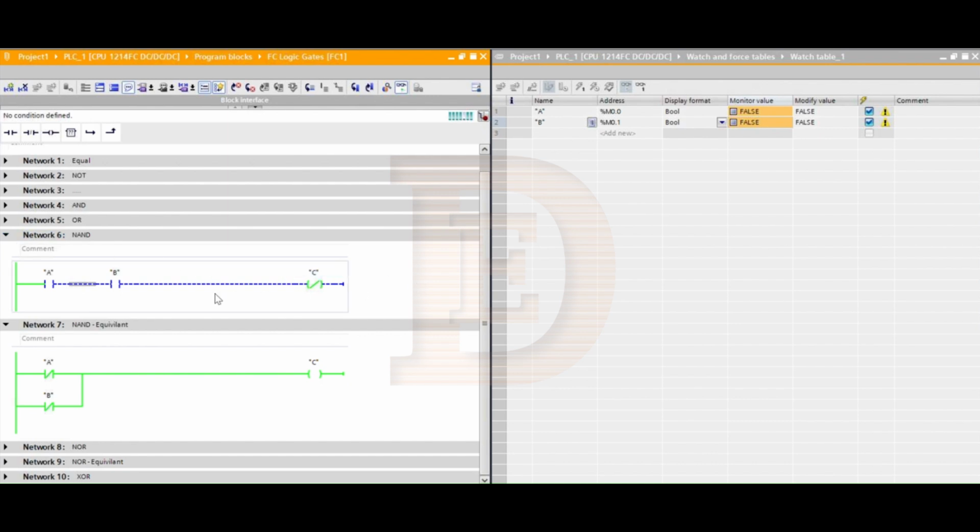Now, when we look at the truth table, we know what's happening. We know that we need a signal. We understand how the circuit looks and how the signal travels through to turn C on or off, basically.